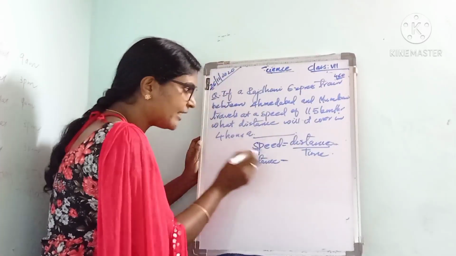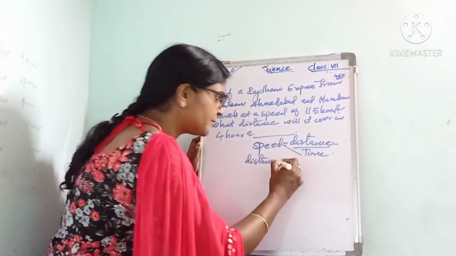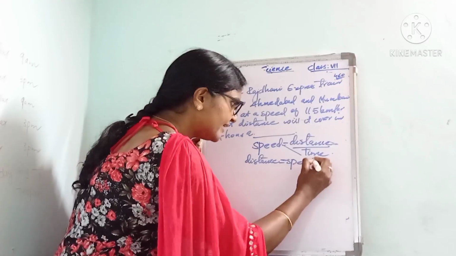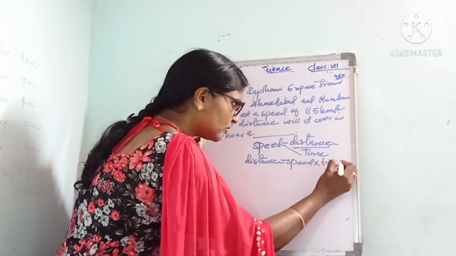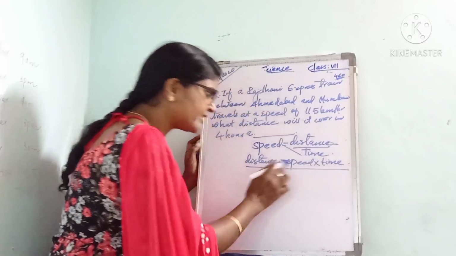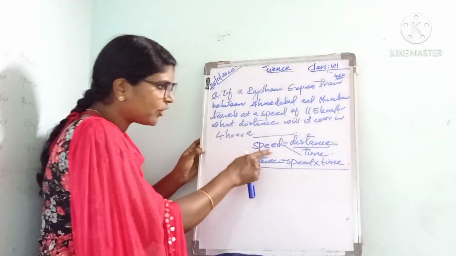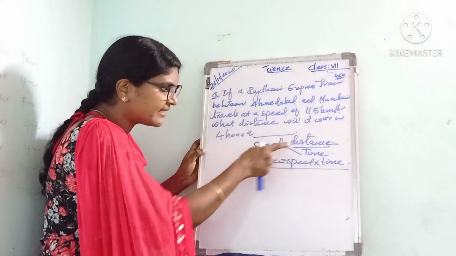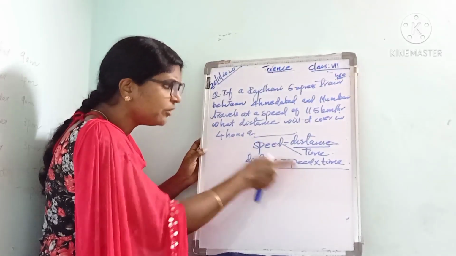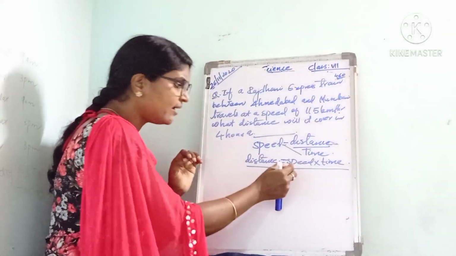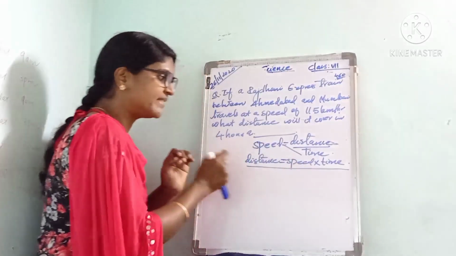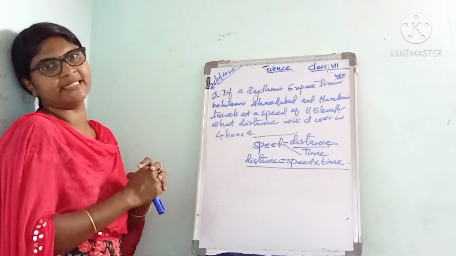The distance equals, you can cross this, that is speed into time. So knowing the speed of an object, we can calculate the distance.